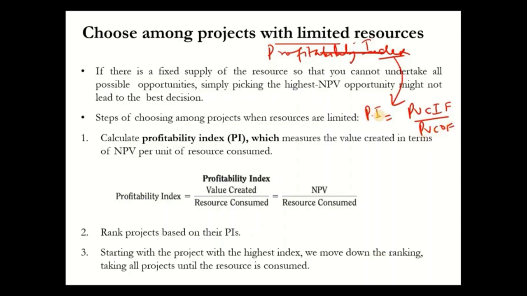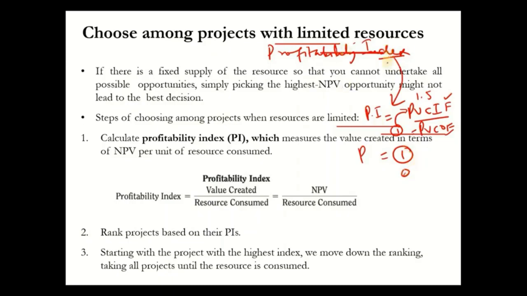Profitability index means your return for $1 invested. For instance, if it is 1.5, it means you are earning 50% more. A profitability index equal to 1 means break even, cash inflow equals cash outflow. If it is higher than 1, we are making some profit.